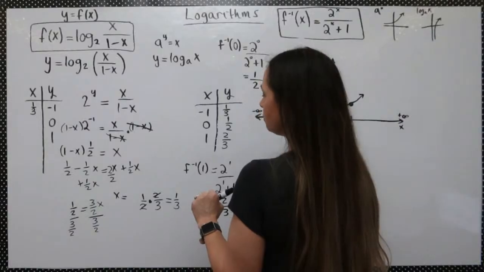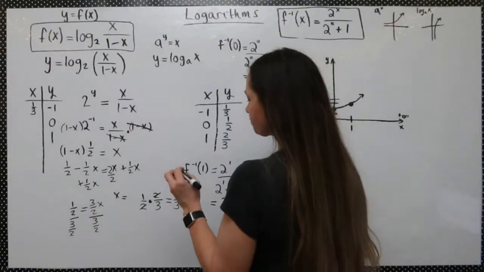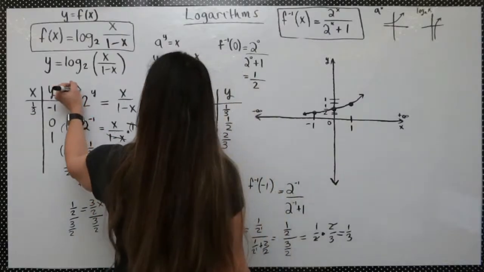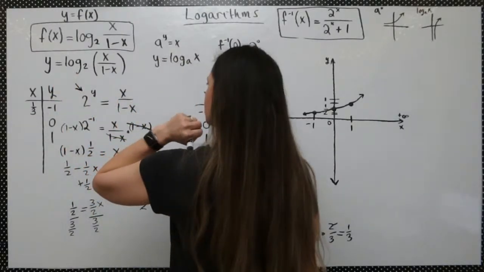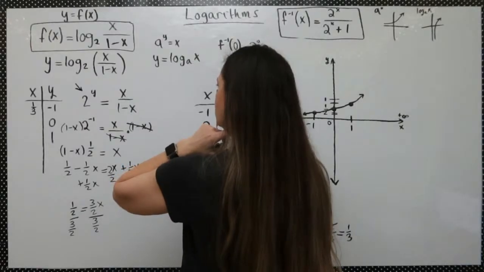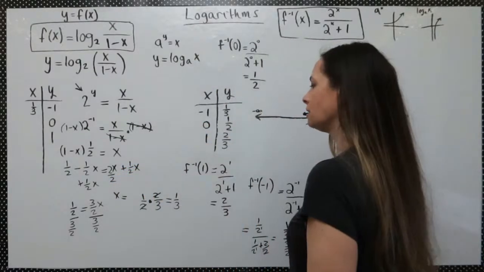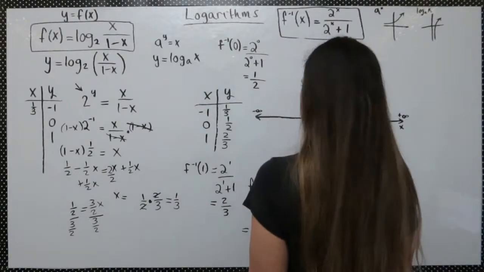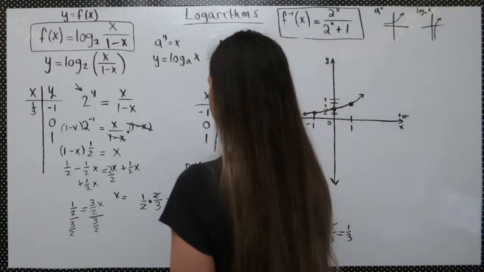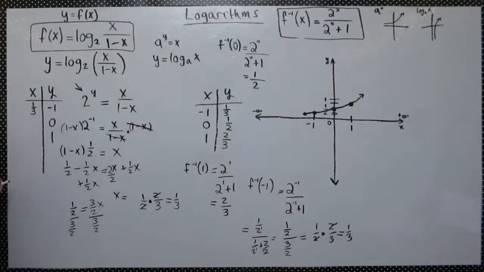So when we plug in 0 here, we should get 1/2. So let's try it. It should check out. I need to see if we can write smaller here.